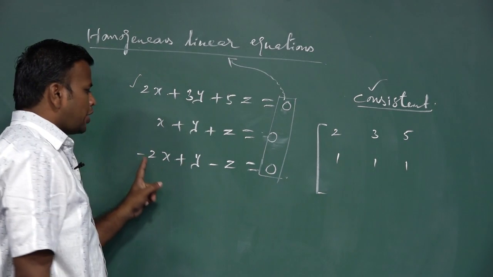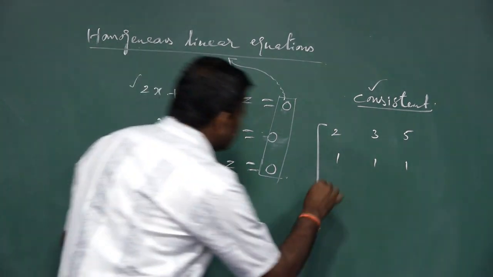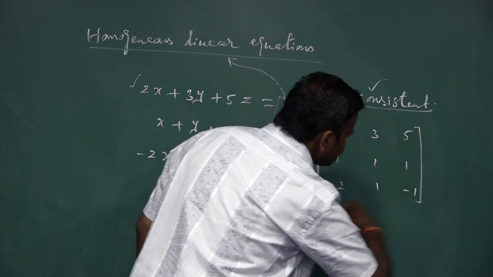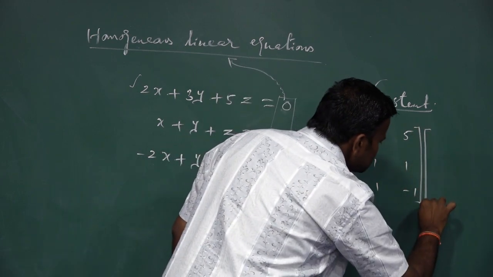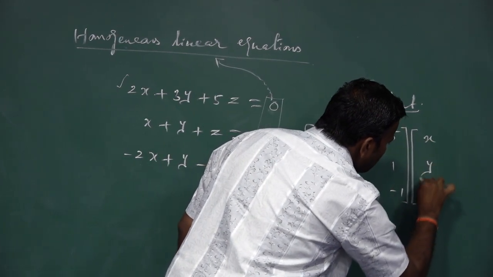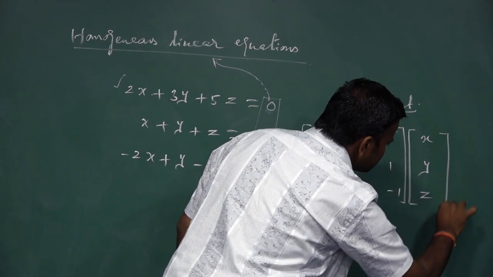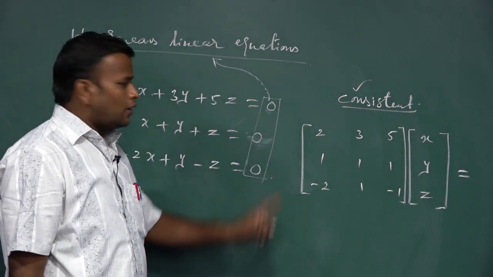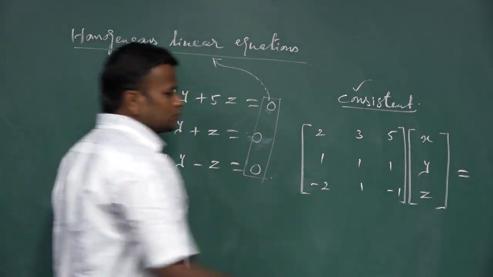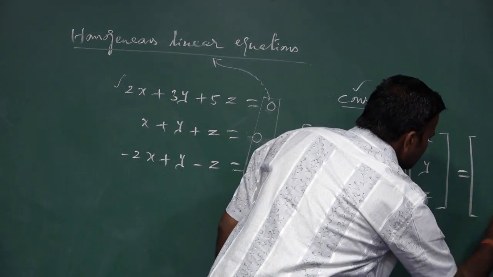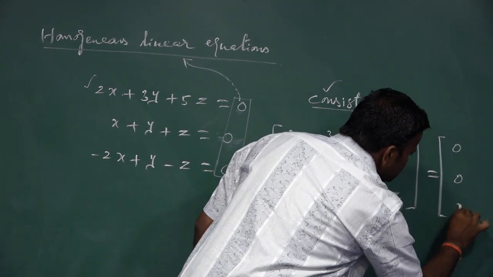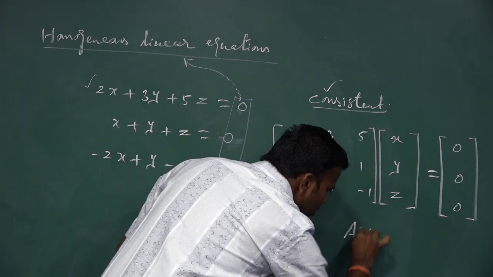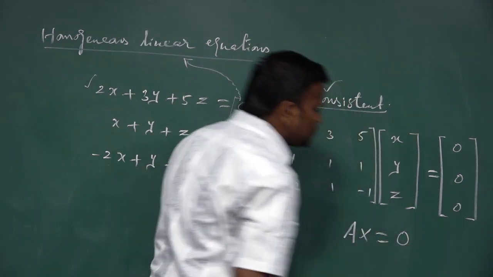Third equation minus 2, 1, minus 1. And the next one is x, y, z. What is the value of the RHS? All the RHS are 0, so 0, 0, 0.